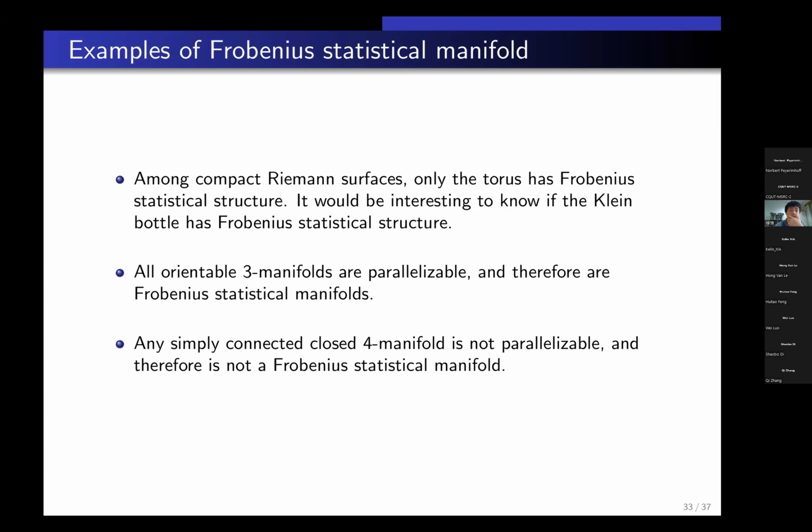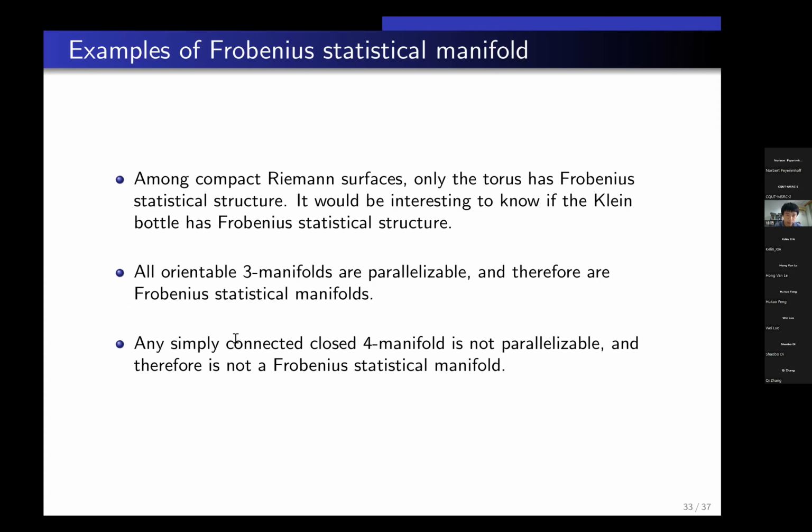for all compact Riemannian manifolds. And all orientable three-manifolds are parallelizable, which means their tangent bundle is trivial, and this already implies they have Frobenius statistical structure. We can define a trivial Frobenius statistical structure on the trivial bundle.